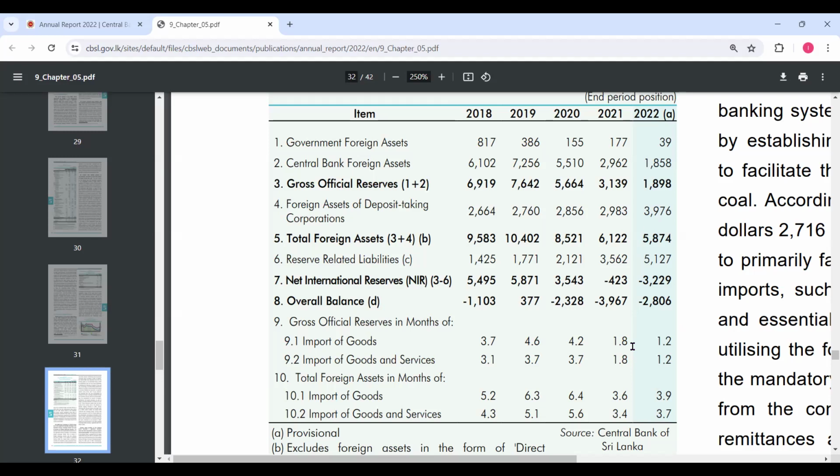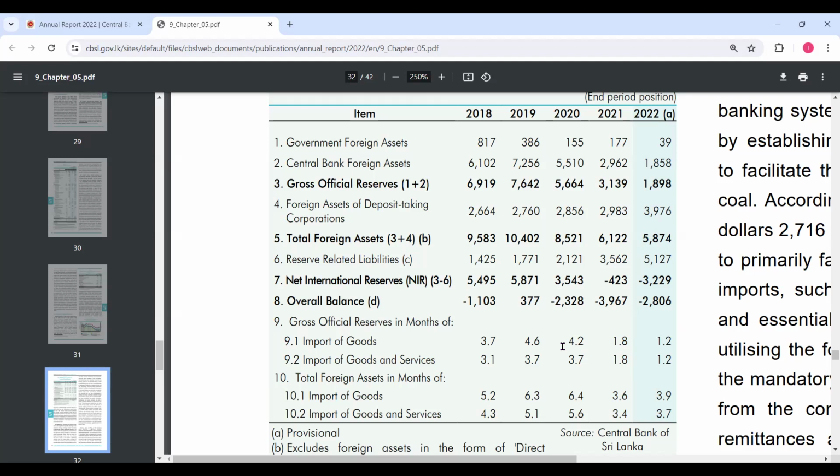So we take item number 3, then we have to minus item 6. What is item 6? Reserve related liabilities. So you take the gross official reserves and minus the liabilities.